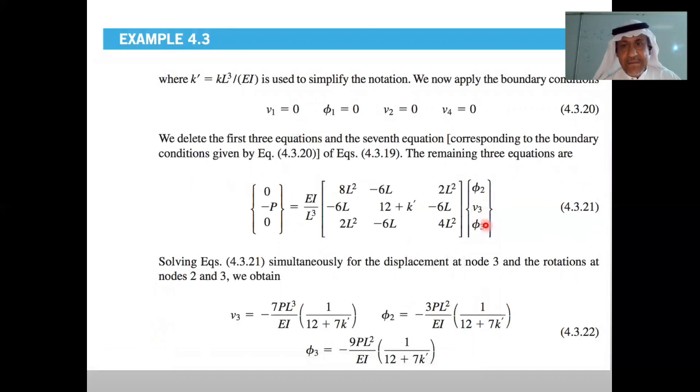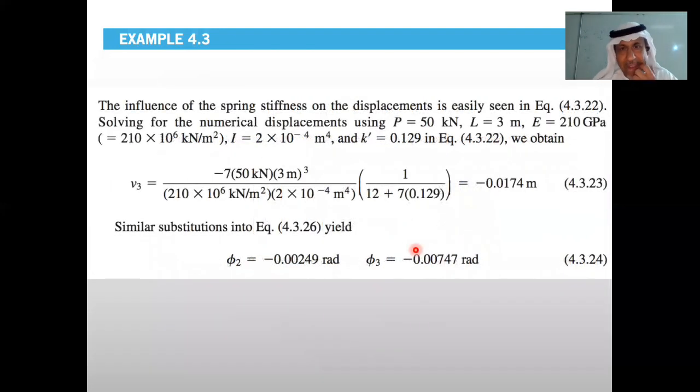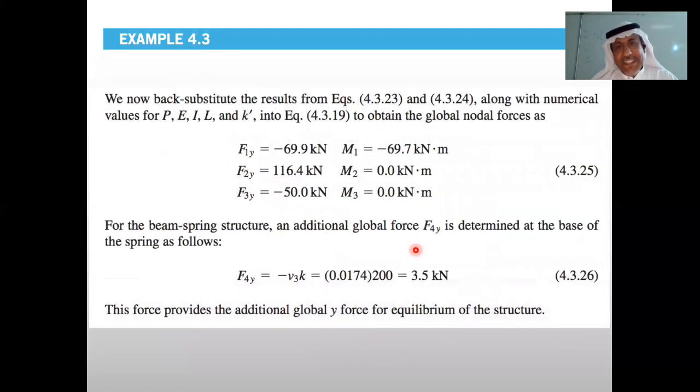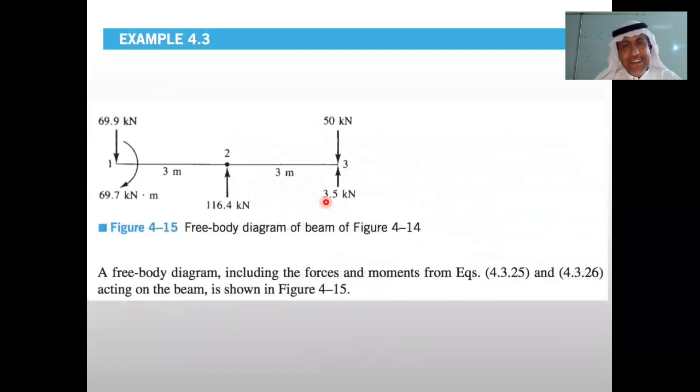Yes, it's here. Once you solve for that, then you can find the forces. Now, can you draw the shear and bending moment diagram for this? How? You have to use the element stiffness, not make a cut.